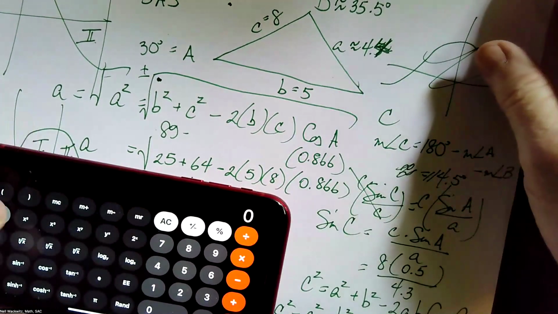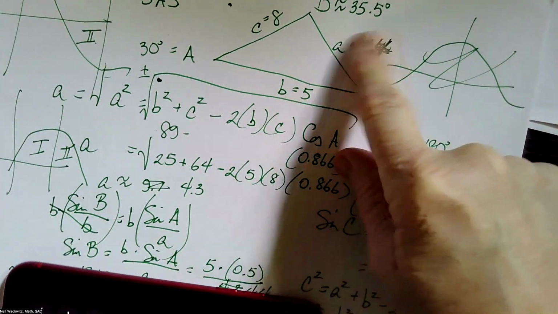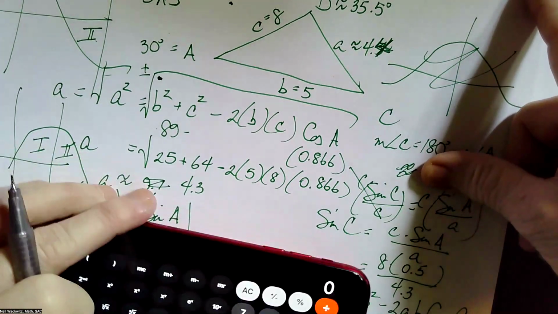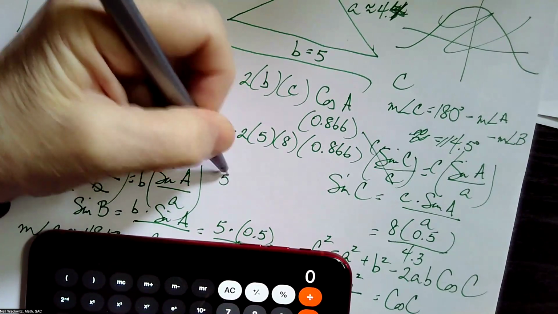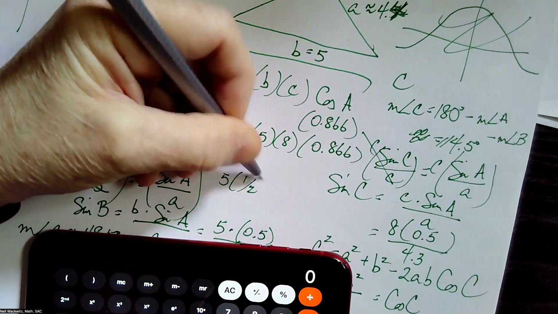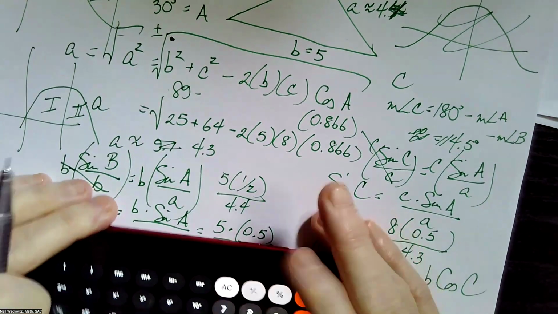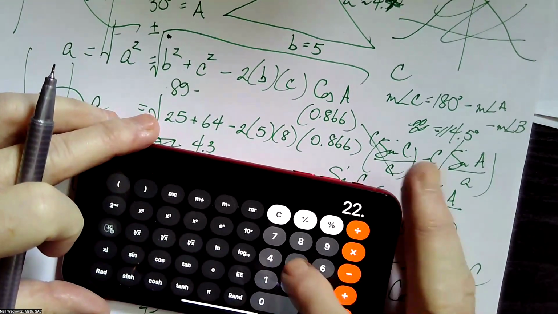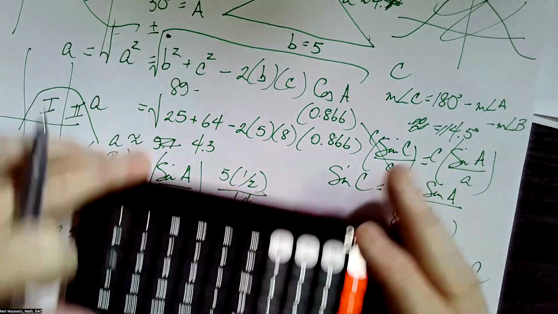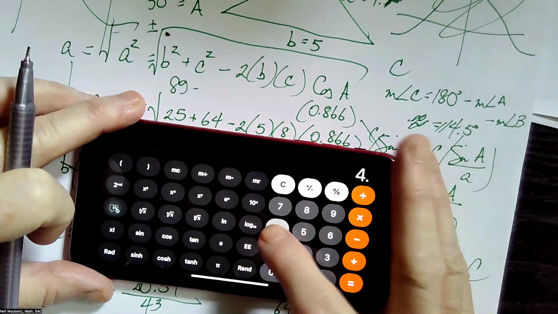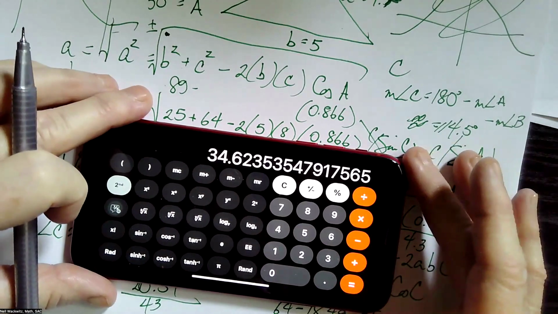Pardon me. Oh, I'm looking for B. So we have little b 5 times 1/2 divided by 4.4. So 2.5 divided by 4.4, inverse sine 34.6.